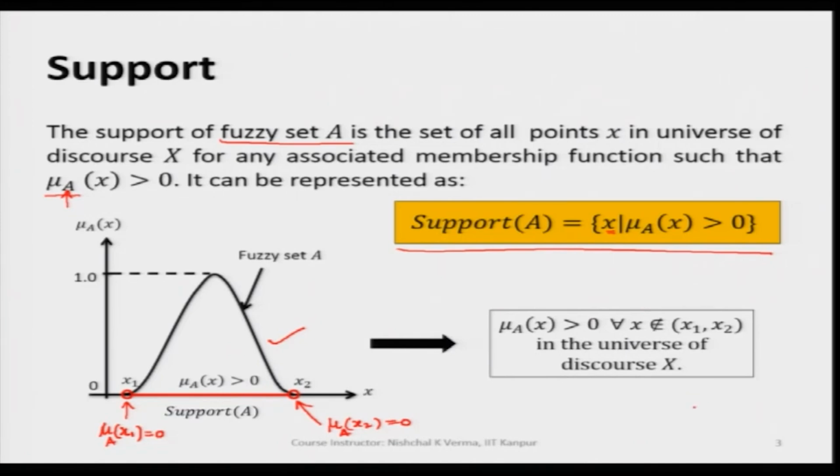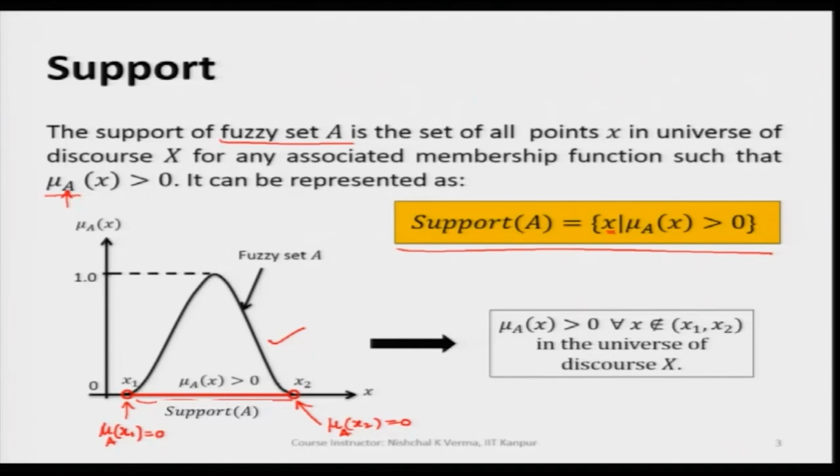So, if we have a continuous fuzzy set as it is shown here, we will have all those points, because since this is continuous, as far as the number of elements are concerned, we may have an infinite number of points. So, that is why it is shown by a line here.